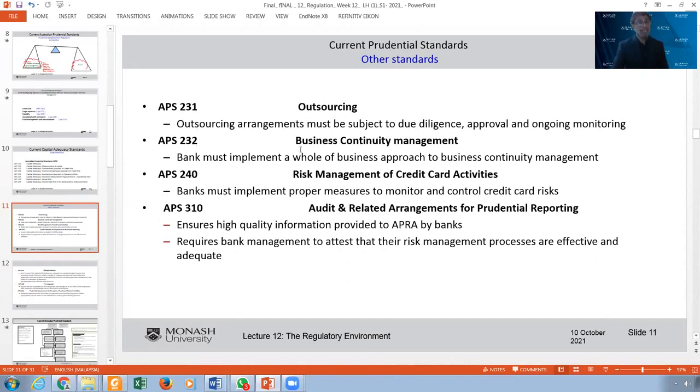They want to guarantee that the business continues with the bank. We have APS 232 and 240 talking about the risk management of credit cards, one separate individual standard. APS 310 is talking about the auditors, how they audit, what report they should have, and what type of audit. This is the external auditors who audit those financial institutions, and what type of information they should send to the regulator.